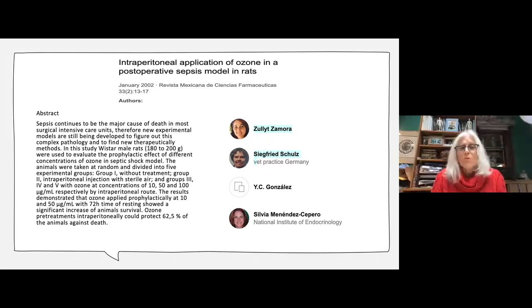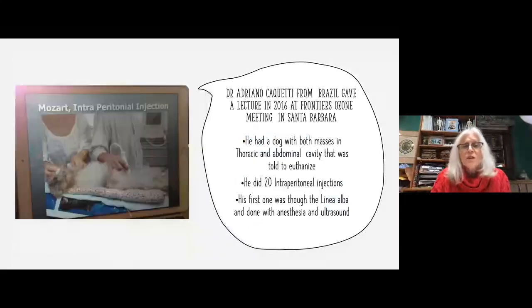And so I had read that when I first started doing ozone, but I had never tried to do intraperitoneal ozone. So again, when you read articles from other countries, it's not in mainstream medicine, but these earlier research articles are so valuable to us.